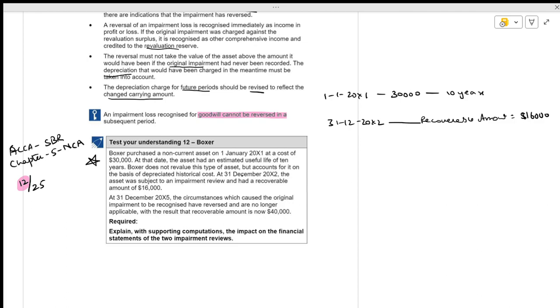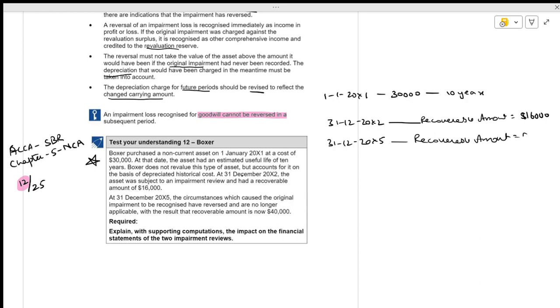As on 31st December 2005, the circumstances which caused the original impairment to be recognized have been reversed and are no longer applicable, and the recoverable amount is 40,000.